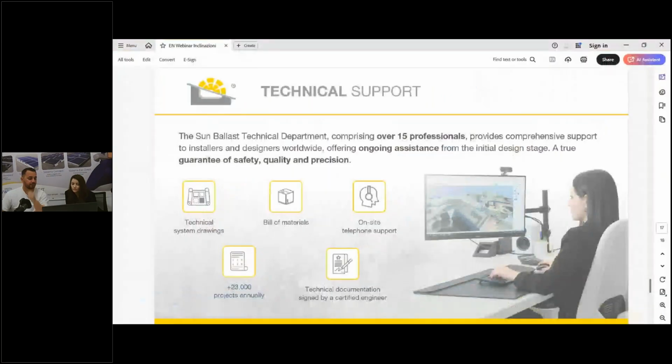Okay, so now, who does all this job? Who decides which is the best solution for each project? Behind every phone call, every mail that all the installers receive, there is a lot of work. It's not easy to provide you all this that we mentioned.